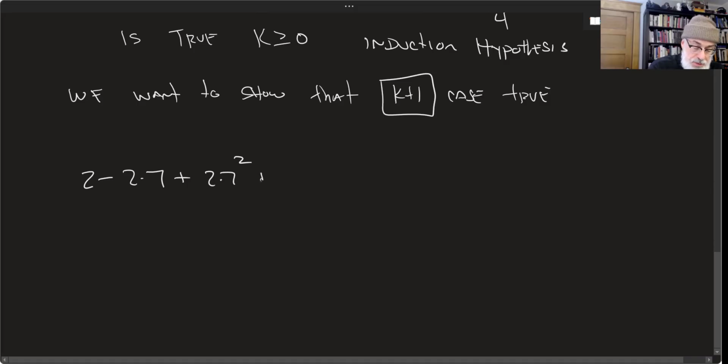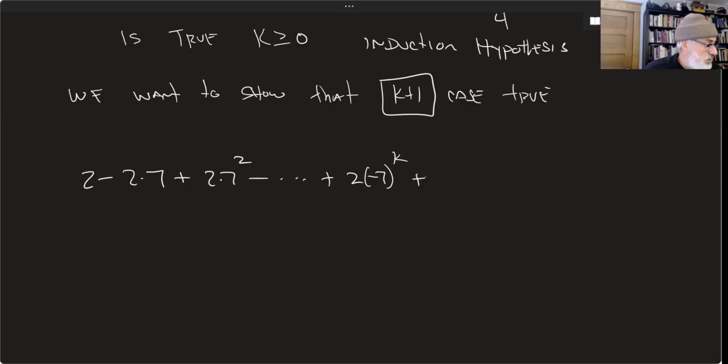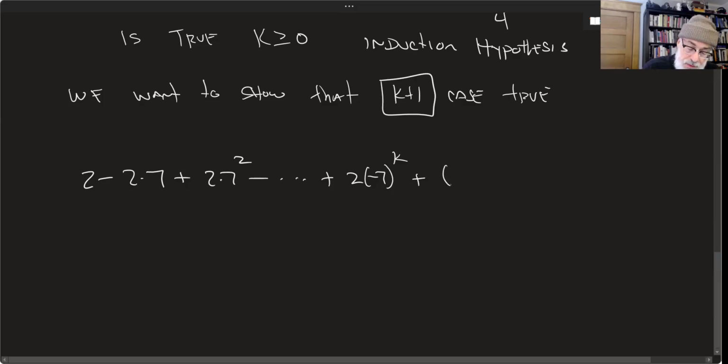And I keep writing positives, but this should be negative. So negative dot dot dot plus, and this was 2 times negative 7 to the k. And now I'm adding a term. I'll leave it positive because, let me write it this way.